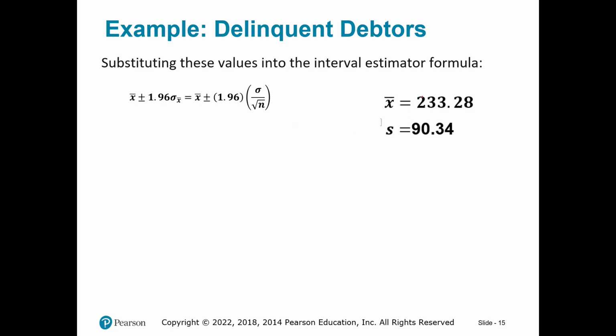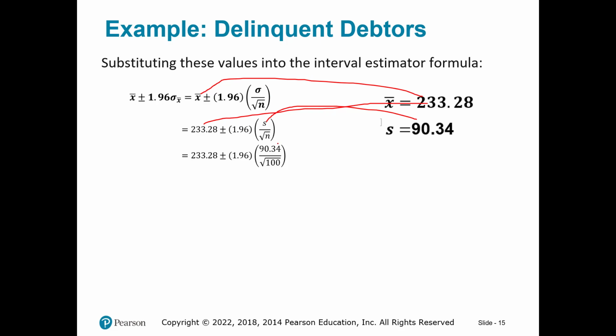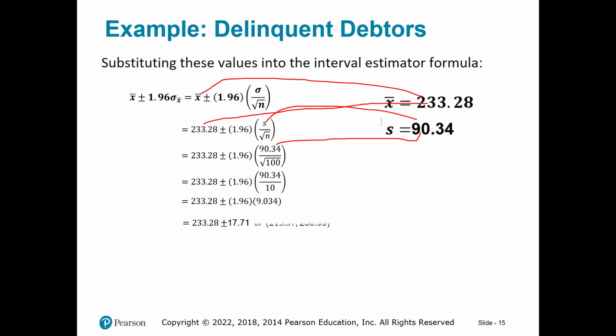For x bar we substitute 233.28, which we calculated, and s is this number. If we do the calculation, finally we found these numbers.